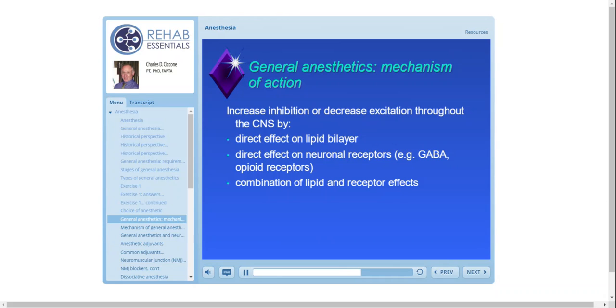We'll see that schematically in the next slide. But the whole idea is we're trying to, maybe at the same time, do both things. Get more inhibition, get less excitation, especially through the parts of the brain that control consciousness and alertness. But again, let's take a little closer look at this idea.